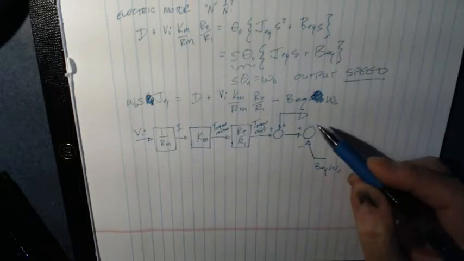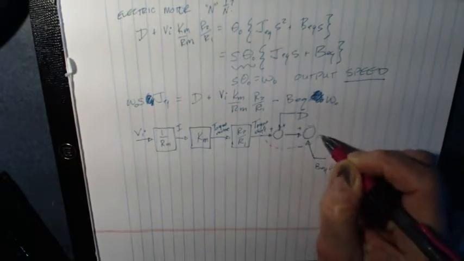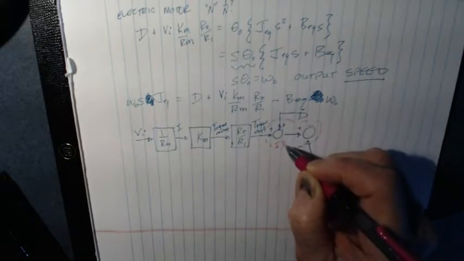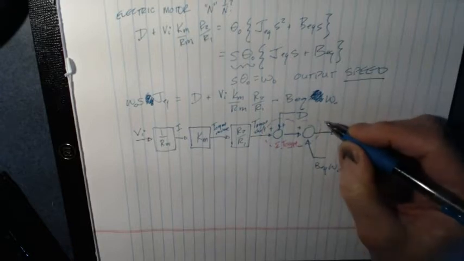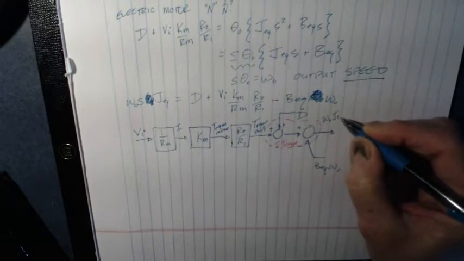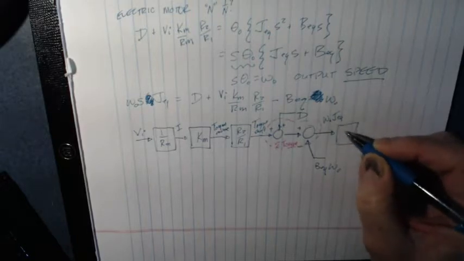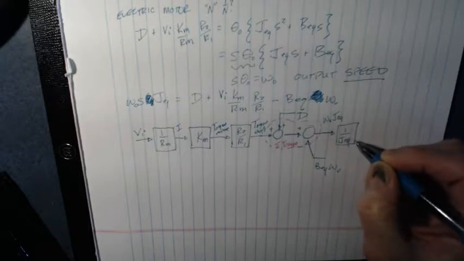So this junction right here is kind of like the sum of all the torques at the output shaft. And so what I'm going to do, mathematically, if I do that, what that gives me is omega out J equivalent. And as we talked about earlier, I really don't want omega out J equivalent. I'm going to multiply by 1 over J equivalent.